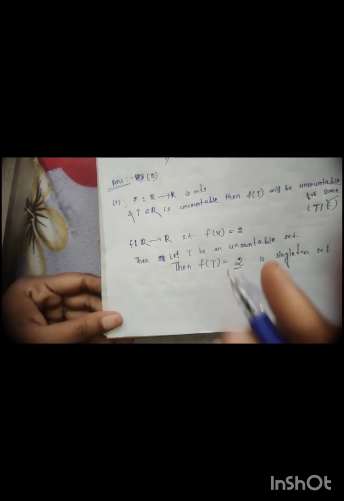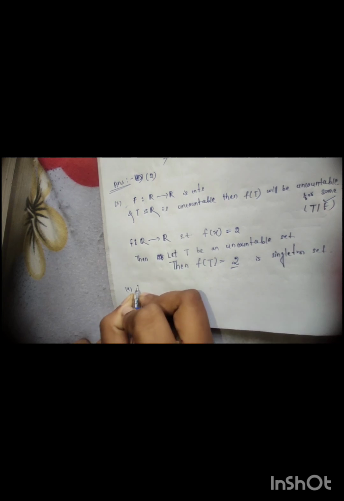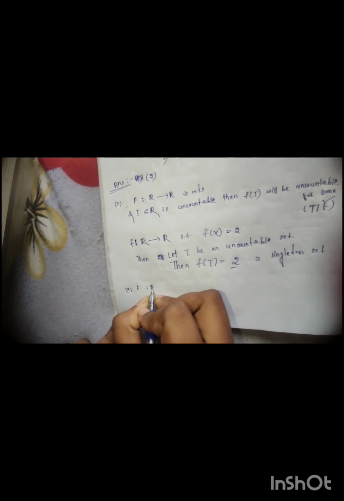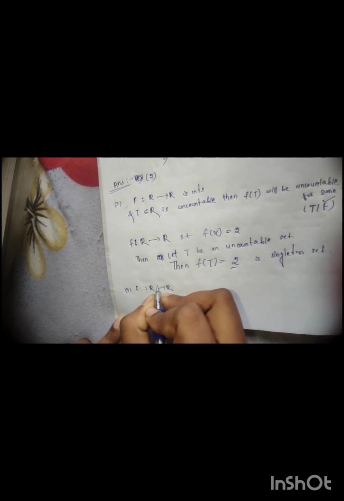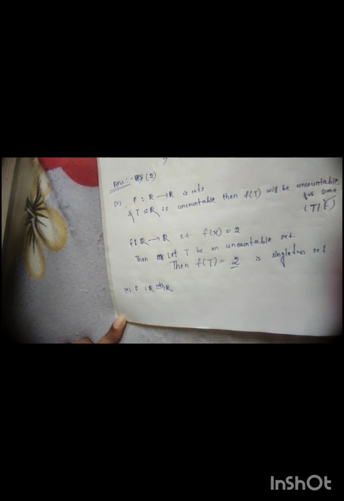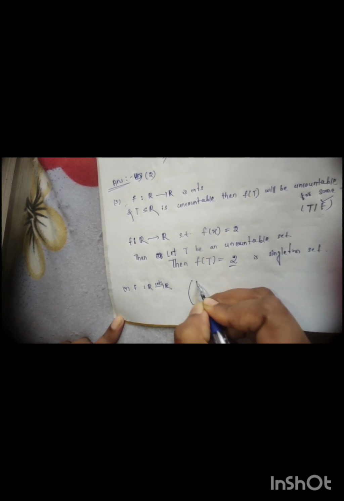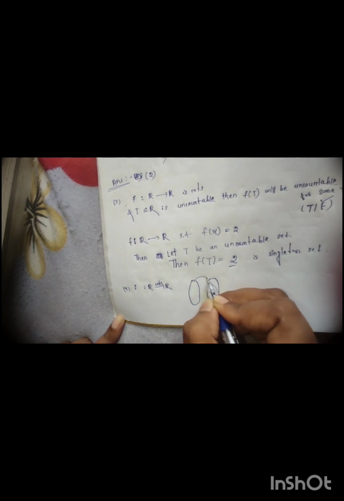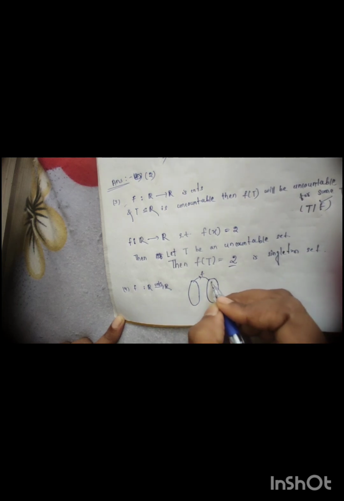Okay, let's see what happens. Here what is given? f from R to R, real numbers to real numbers, is continuous, and here R is a subset of the reals.